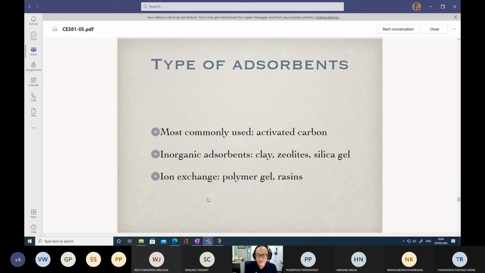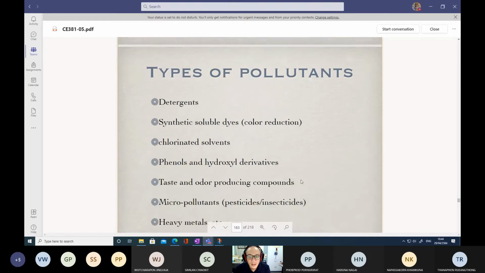Ion exchange only functions with the removal of the contaminants or pollutants with a charge or with some specific characteristic, depending on the types of resins used. Okay, so we will talk about this again later.